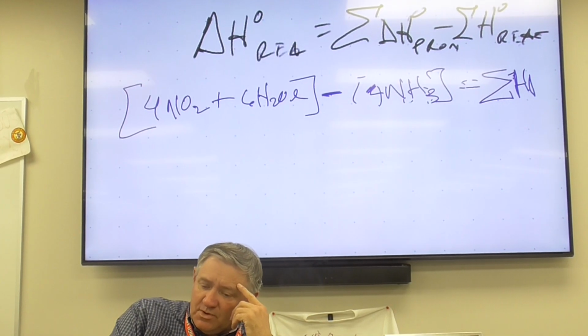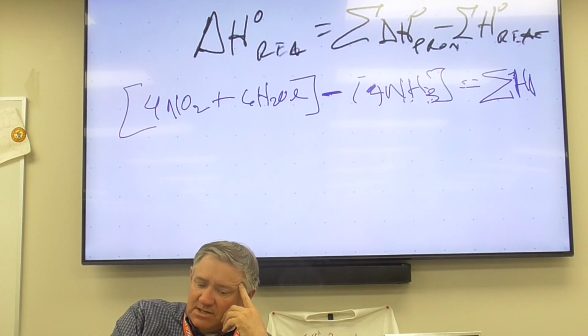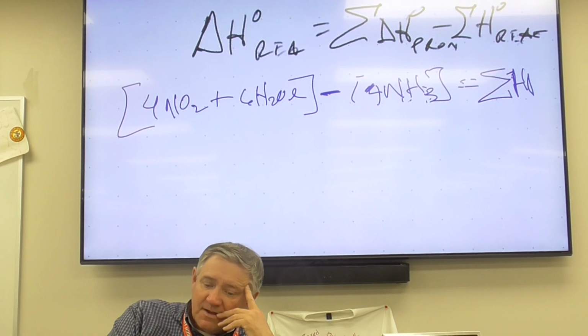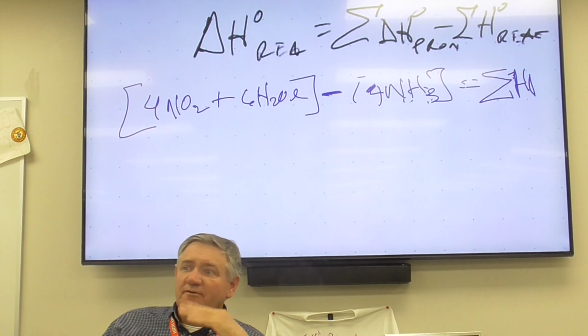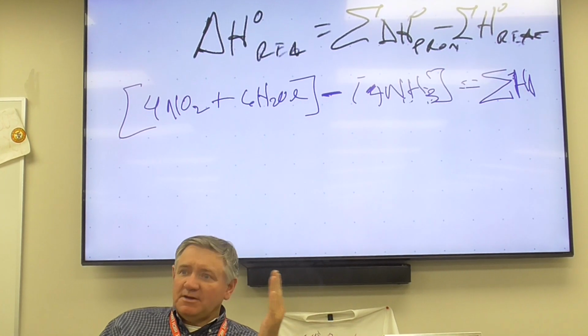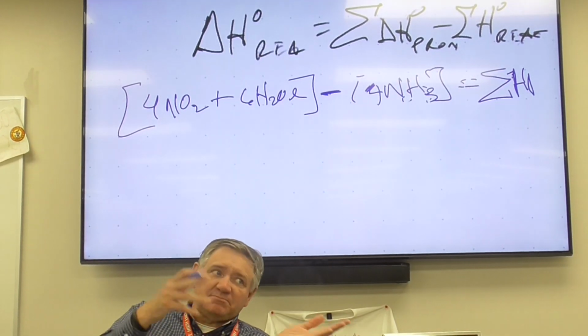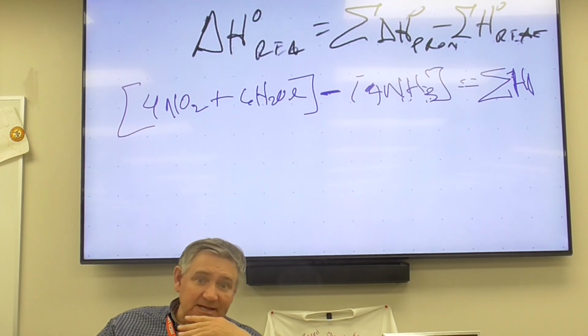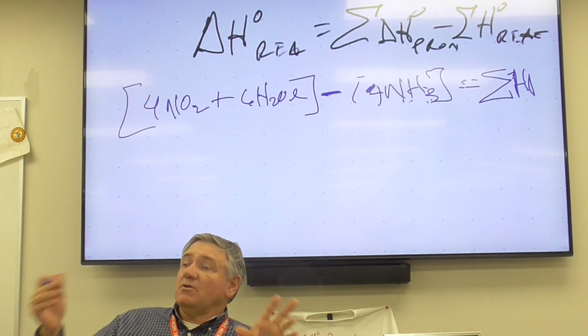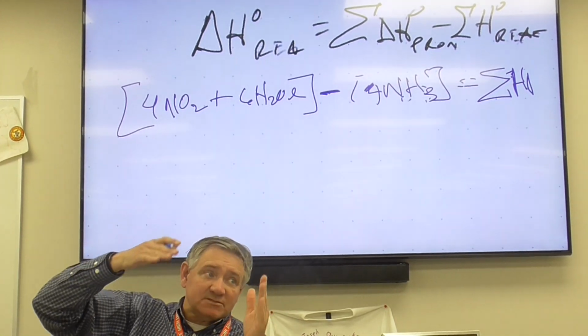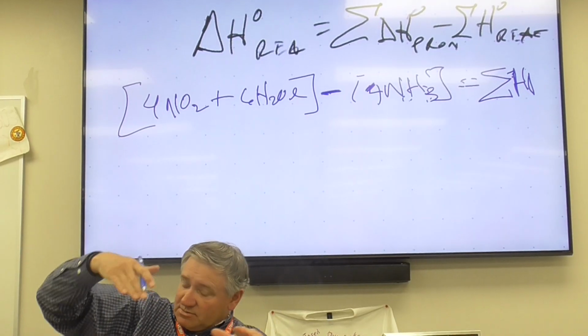If you know what the overall reaction is, and you know what the water is and what the ammonia is, you can solve algebraically for the NO2 to get that value, instead of reacting nitrogen plus oxygen to make it out of its elemental forms. So if I know the reaction, I can find some of the individual values algebraically.